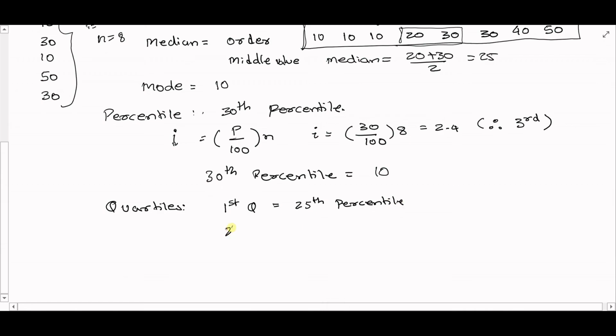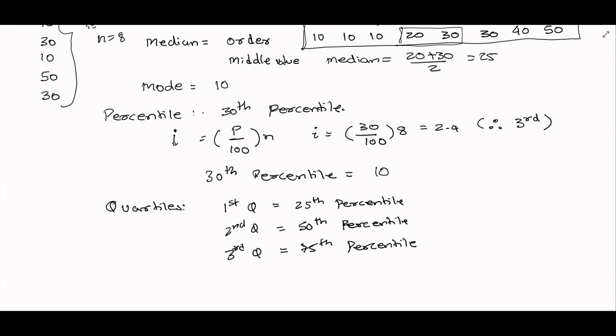The second quartile is the 50th percentile, and the third quartile is the 75th percentile. So these are the special values in this percentile range from 0 to 100, which are labeled as quartiles, which is first, second, and third quartile. Notice the fourth quartile will be the 100th percentile, which is the entire data set.